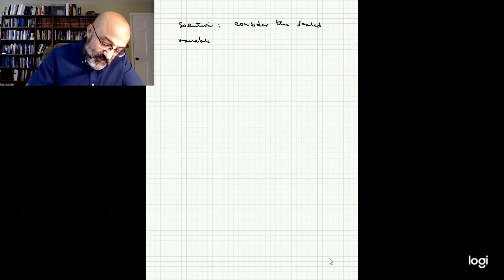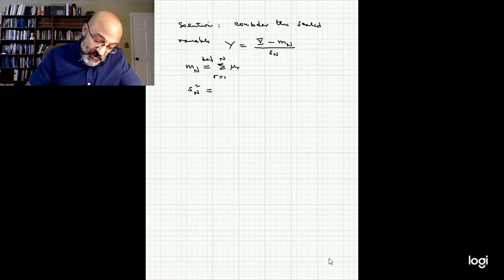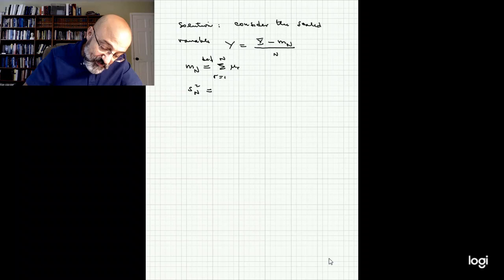Instead of the variable x, consider the variable y, which is the original x, and we're going to subtract the sum of the means, mu r, for r equals 1 to n, and we're going to rescale it by the square root of the sum of the variances.